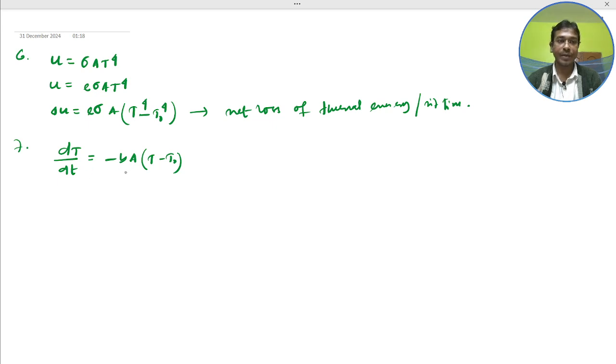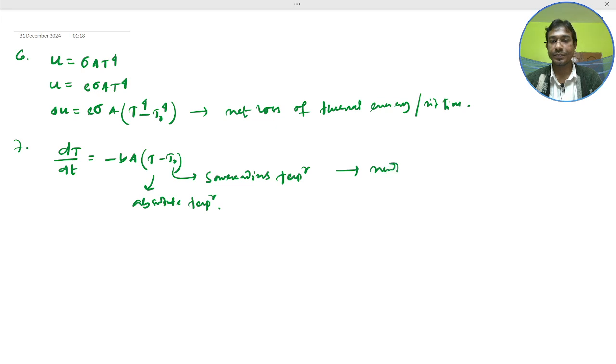This T is the absolute temperature and this T naught is the surrounding temperature. This is Newton's law of cooling.